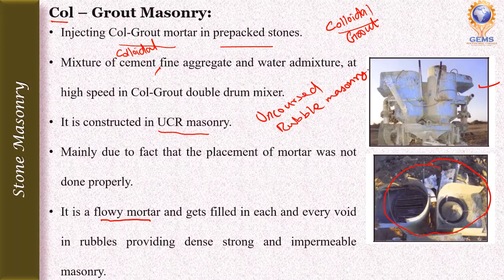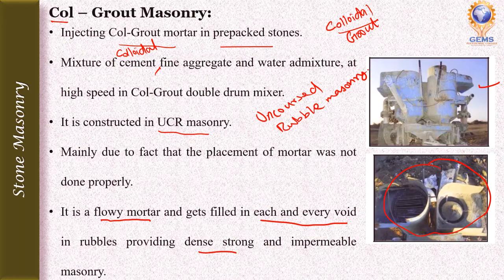It gets filled into each and every void or gap in rubble masonry. Once every gap is filled, it provides dense, strong and impermeable masonry. Impermeable means water cannot pass through it. Every void will be filled with the mortar and the whole structure will become strong and impermeable.